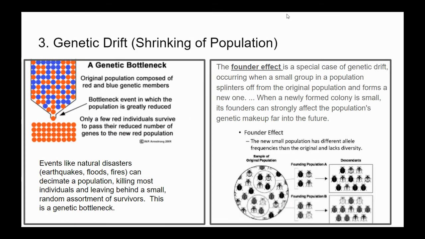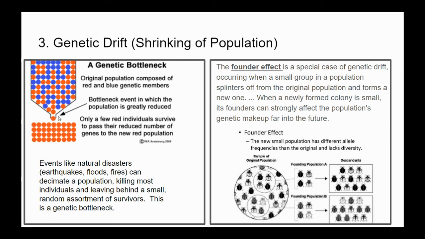The next one is genetic drift. There's another video that you're going to watch, and they talk about the changing or the shrinking of a population. That's basically what's going on here. Genetic drift is just the shrinking of a population, and it can happen in one of two major ways. First, a genetic bottleneck. A genetic bottleneck is when the original population is greatly decreased.